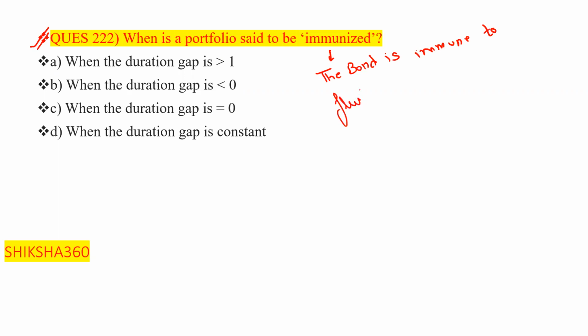The bond is immune to fluctuating interest rates. That is when the bond is said to be immunized. Sometimes they will also ask about pure immunization.